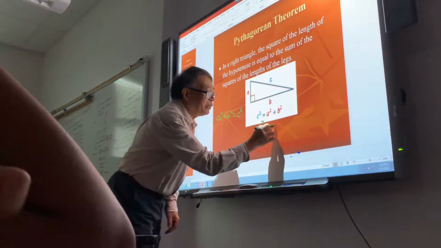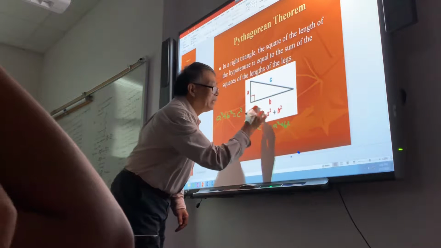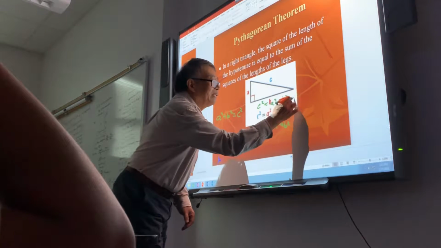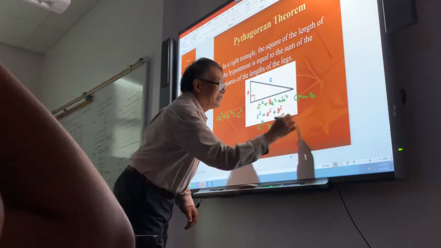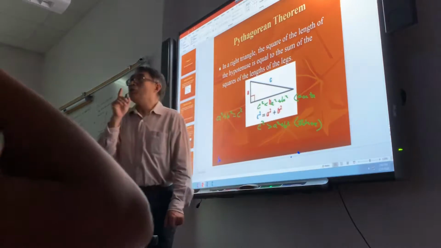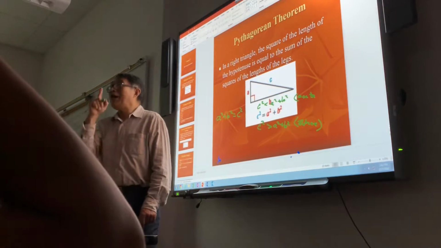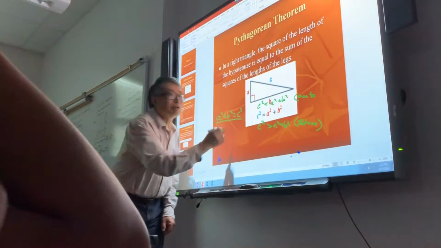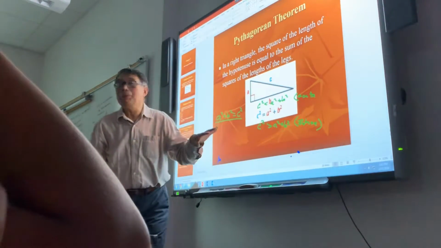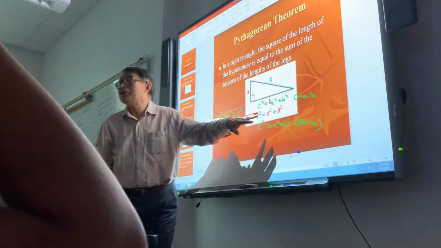If c squared is greater than a squared plus b squared, it is so-called obtuse; if c squared is less than a squared plus b squared, this is so-called acute. It's easy to remember, it's easy to handle. Otherwise, if you use the other way to solve, it is much more difficult to remember. This is much easier. I will show you, okay?